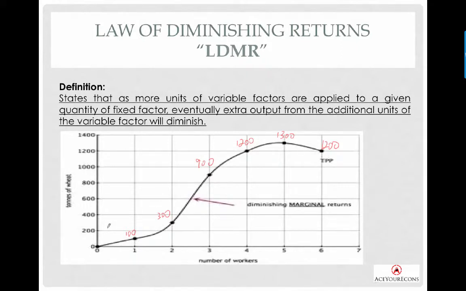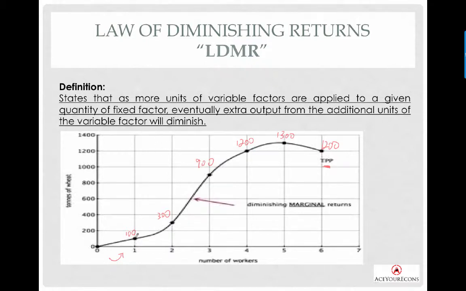Now let's look at whether this curve, or what we call your total production curve, is consistent with the definition. The definition tells us that the more variable factor you apply to a fixed factor, the extra output from each additional unit will eventually diminish.